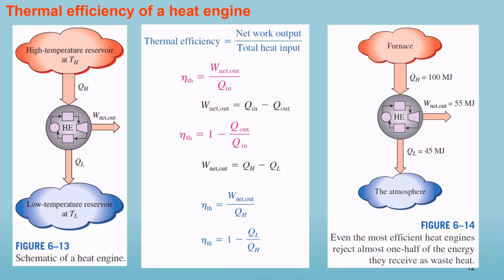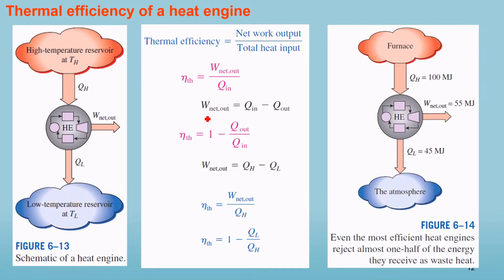Let's discuss calculating the thermal efficiency of a heat engine. Thermal efficiency is defined as useful energy output divided by energy input. So what is the net work output of a heat engine? It is W net out. And the heat input is going to be Q in, which is QH in this case.